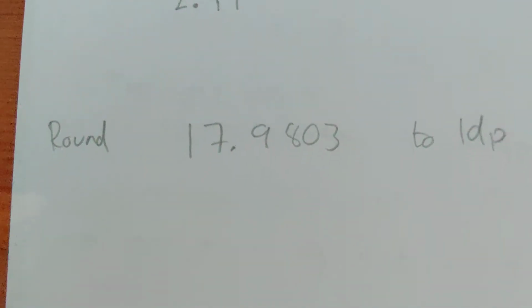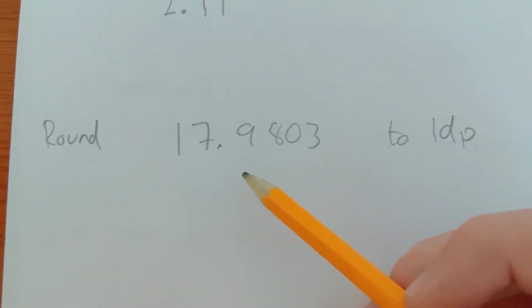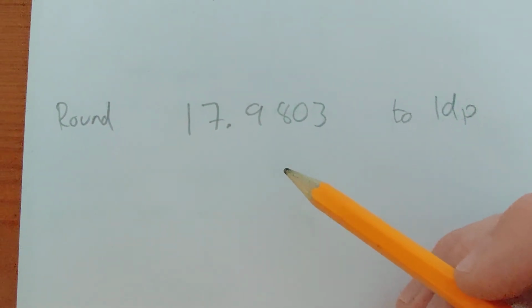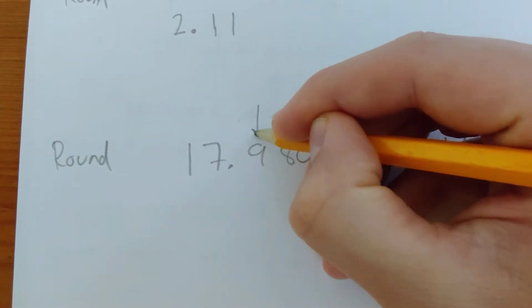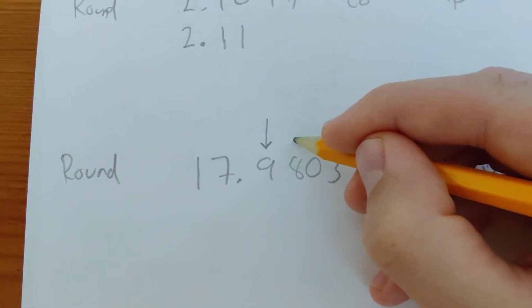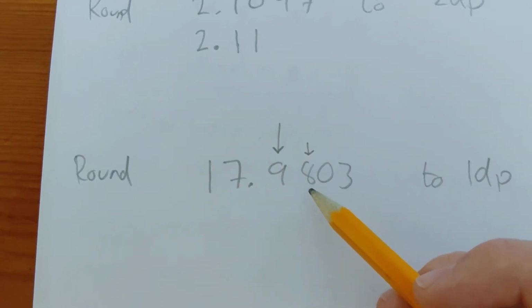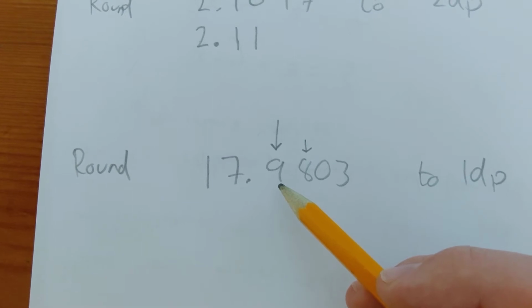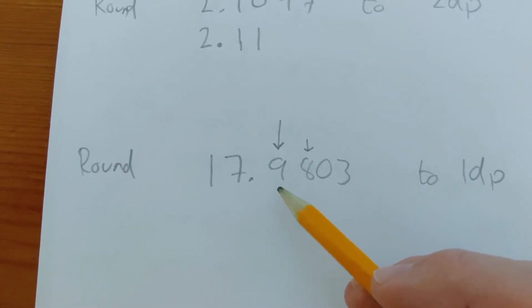The last decimal place one we're going to look at together, 17.9803 to 1 decimal place. Slightly tricky, this one. The first decimal place is the 9. The decider is the 8. Now, because the decider is more than 5, the 9 has to go up. But the 9 on its own can't go up. As a digit on its own, it can't go up.